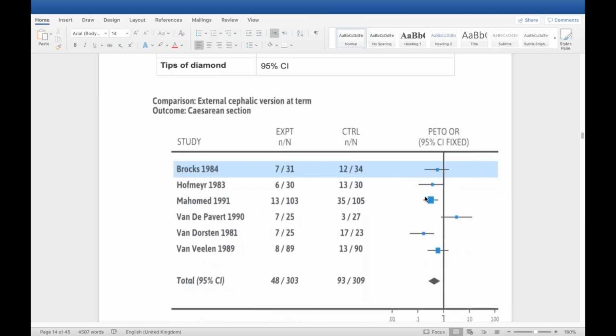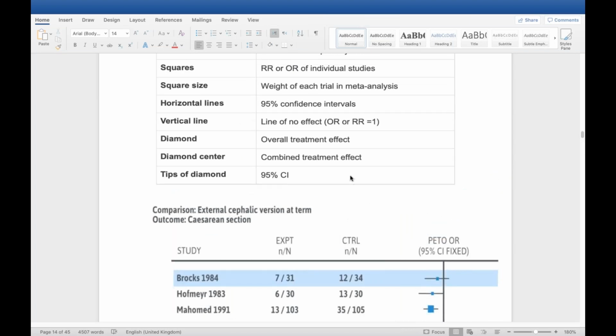If the study is not touching the line, and it's away to one side, and the square is bigger, as you can see here, it is strongly significant, and it is weighed more, and it will shift the conclusion, which is this diamond here, to this side more. That's the conclusion. I will come to it later.